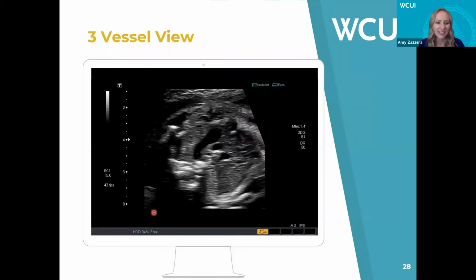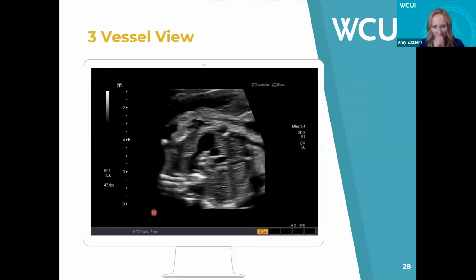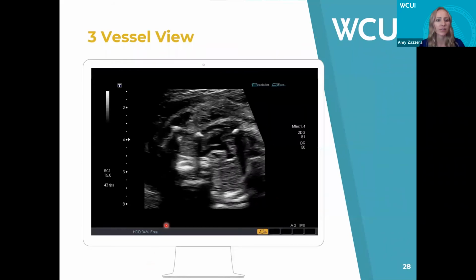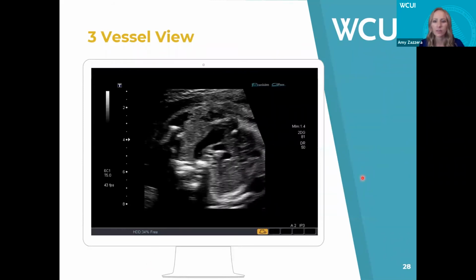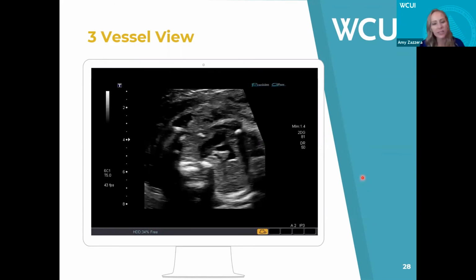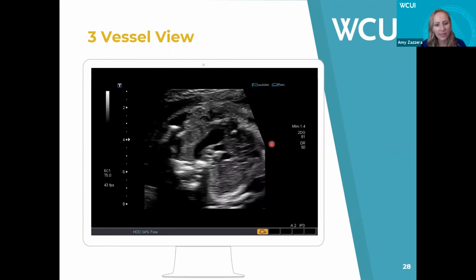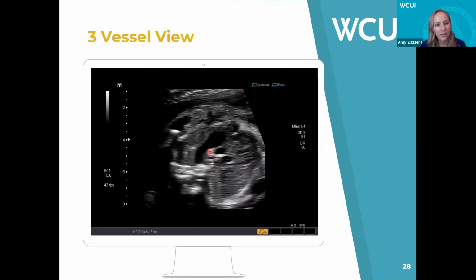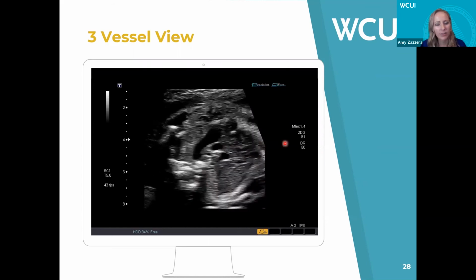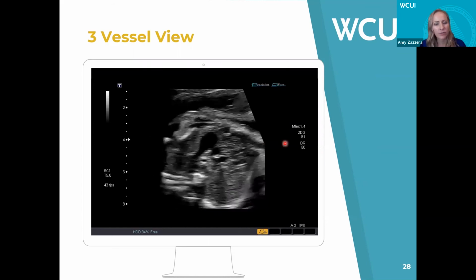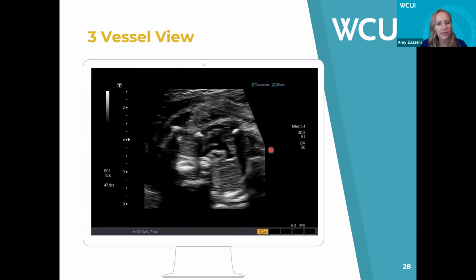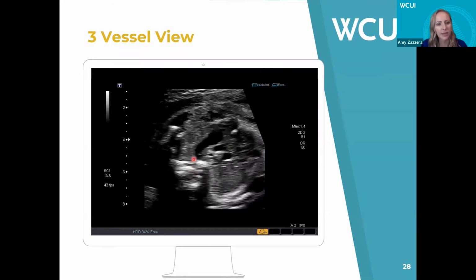And then this is another clip really focusing in on the 3-vessel view. And this is a wonderful clip because we're looking at arch-sidedness here. We can prove that it's a normal left arch for the aorta. And then we're also seeing that ductus come in.